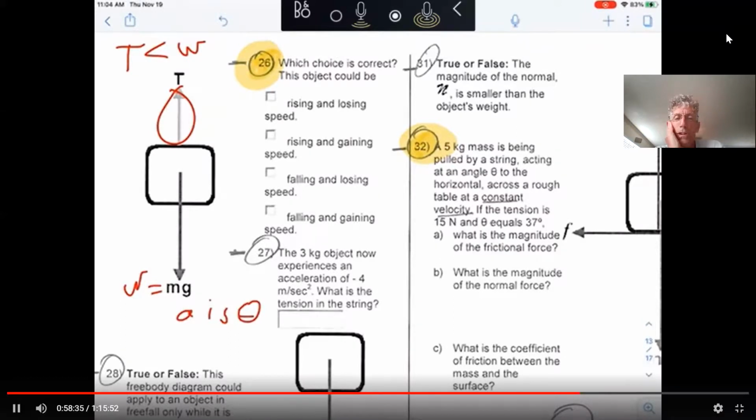So it could be falling, going down and increasing speed, or it could be rising if velocity is positive and acceleration is negative, like I'm drawing here. The speed would be decreasing. So it could be going up, but slowing down.